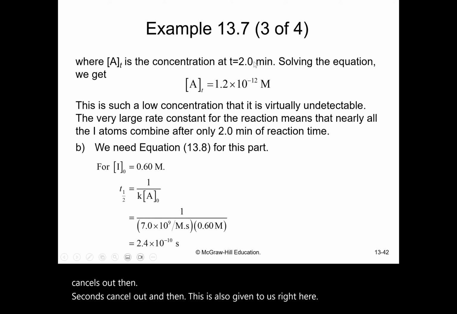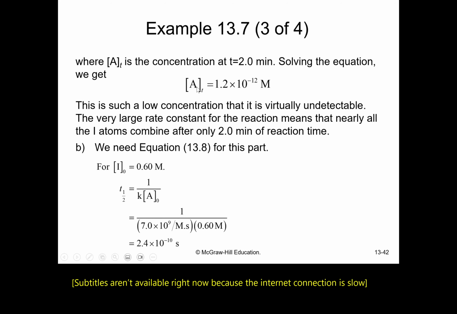And we get that the concentration of A sub t is equal to 1.2 times 10 to the negative 12 mole. This is a very low concentration that is virtually undetectable.